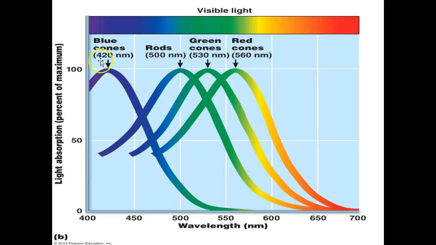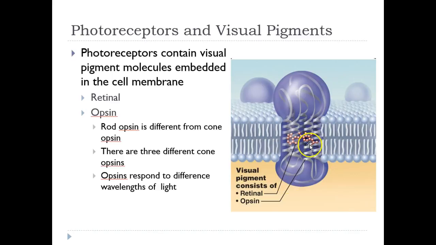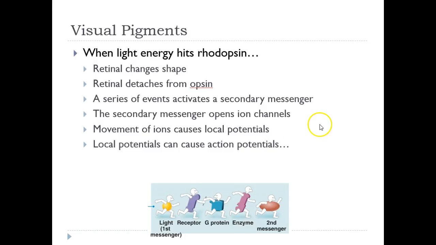So, don't study any of these numbers, but 420 will be the blue, and then 560 will be the red and the yellows and things like that. And these different pigments in these photoreceptors will get stimulated at different wavelengths. When they get stimulated at different wavelengths, they're going to change shape. And the thing that changes shape is going to say, hey, it's this color or that color.